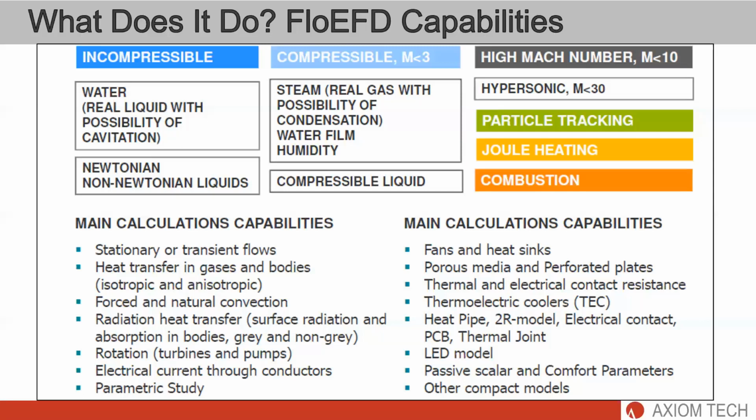Joule heating from direct electric current, fluid flows with boundary layers, including wall roughness effect.